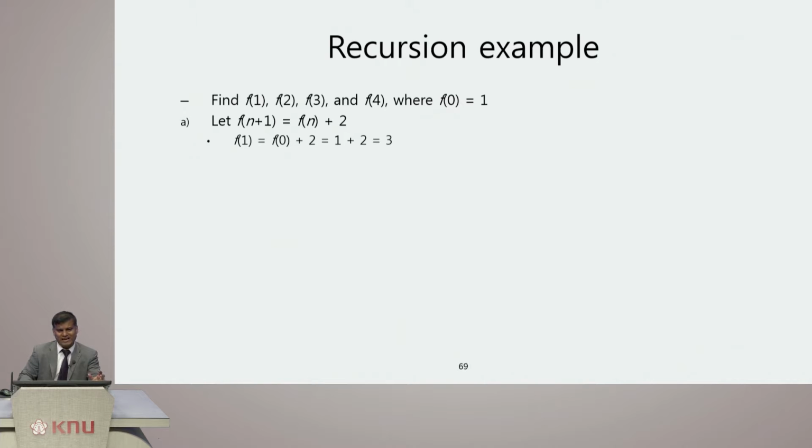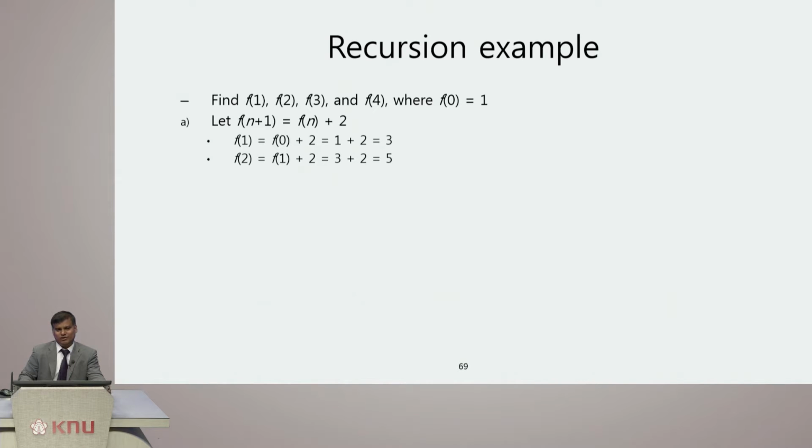So with this, we can find what is f of 1. We just write f of 1 equals f of 0 plus 2. That is, in our case, going to be 3. The same way, if you want to find f of 2, then you're going to use f of 1 plus 2.